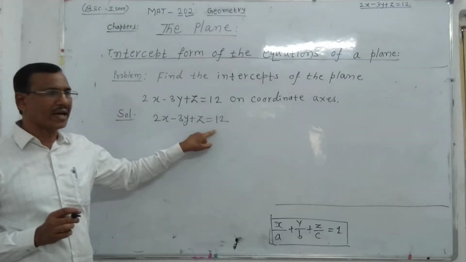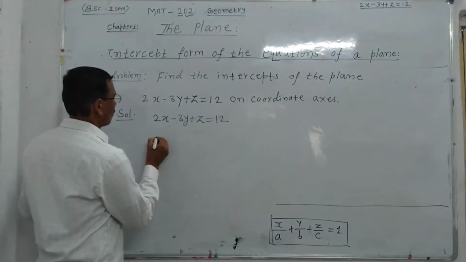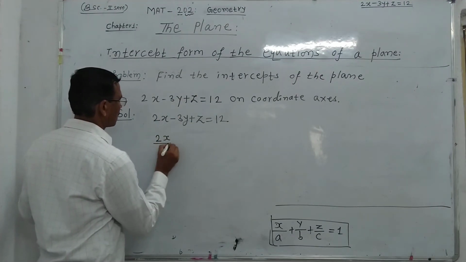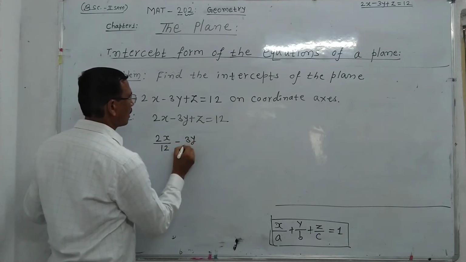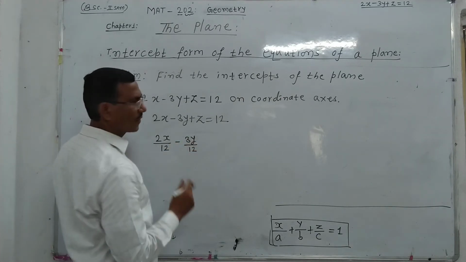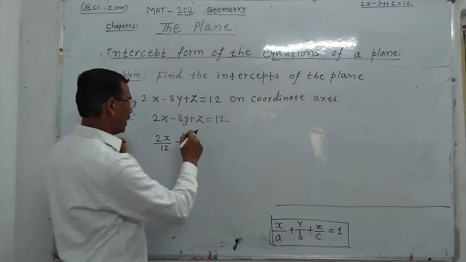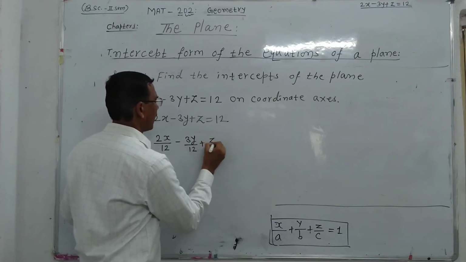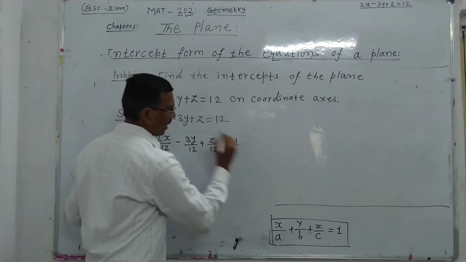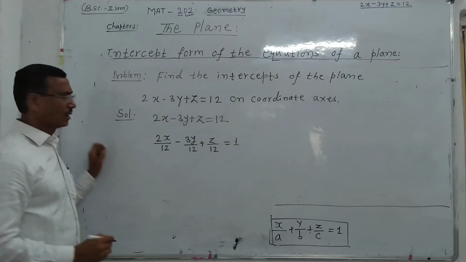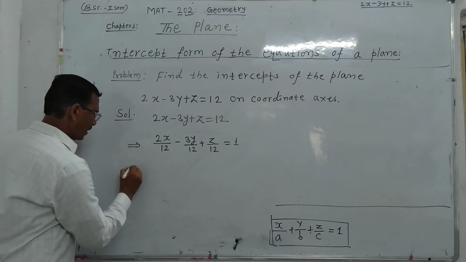That means dividing both sides by 12 we get 2x upon 12 minus 3y upon 12 plus z upon 12 equals 12 divided by 12, which is 1.